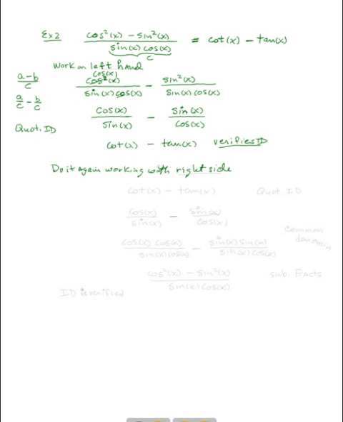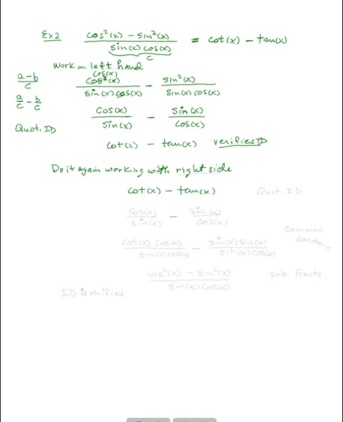Okay. Now, working with the right-hand side, I have cotangent x minus tangent of x. And remember, I'm trying to get to something. Look at the left-hand side. The left-hand side has got sines and cosines.